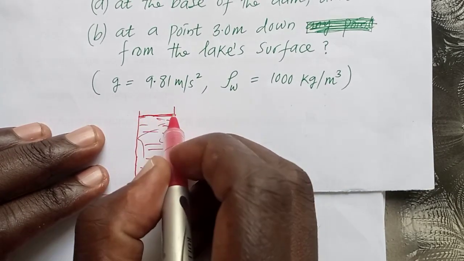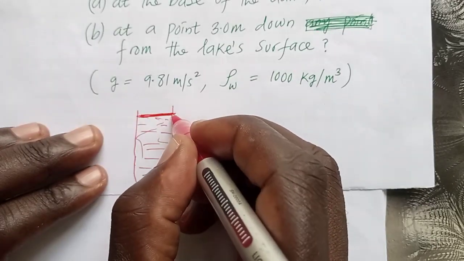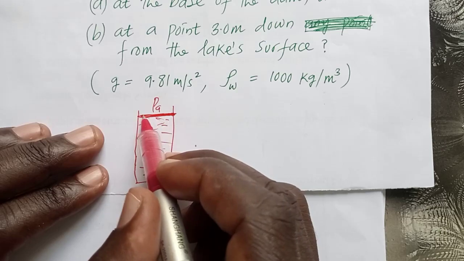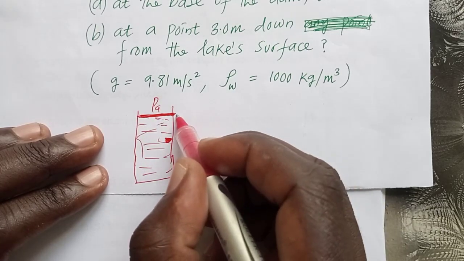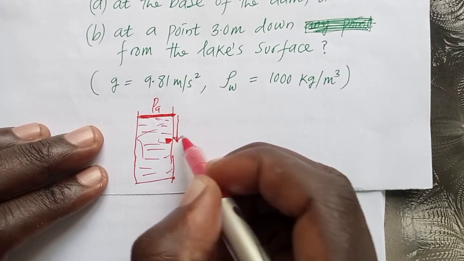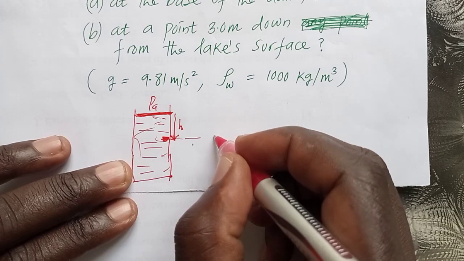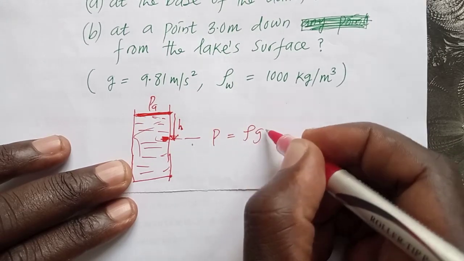At the highest point here, at the brim, the only pressure you have here is atmospheric pressure, because there is no depth here. But when you go down here, let's say at this point, there is depth. Can you see? H. And then the pressure at this level is given as P is equal to, where P is the pressure, rho g h.